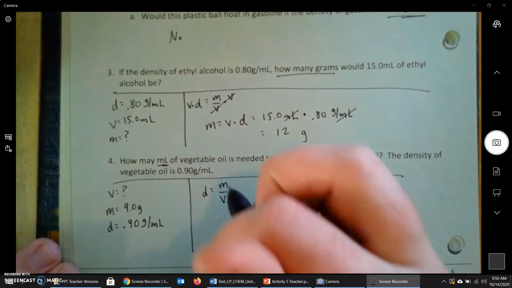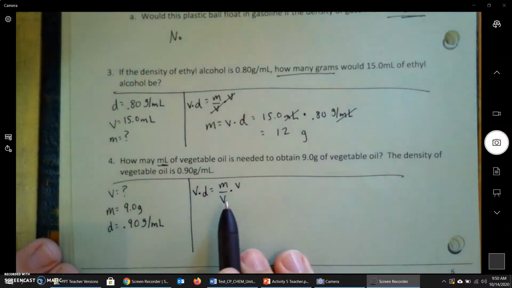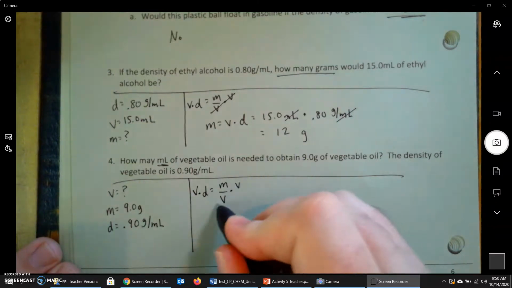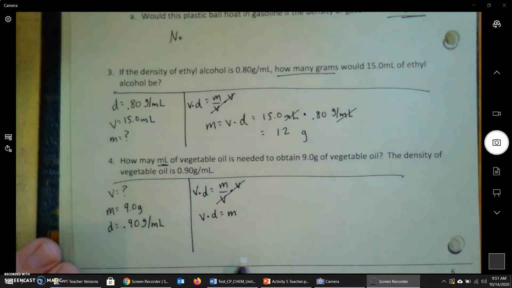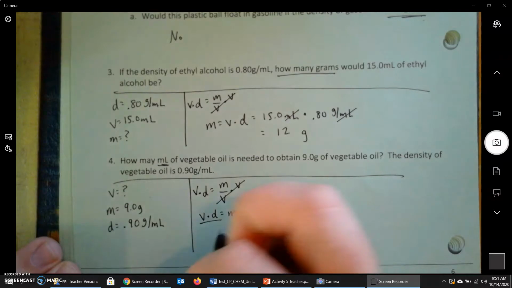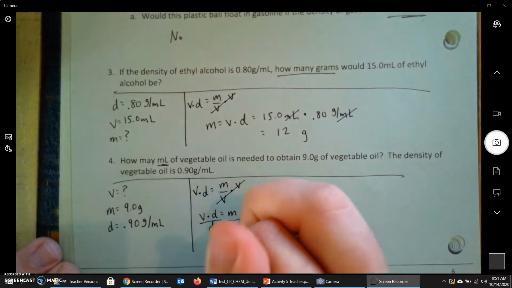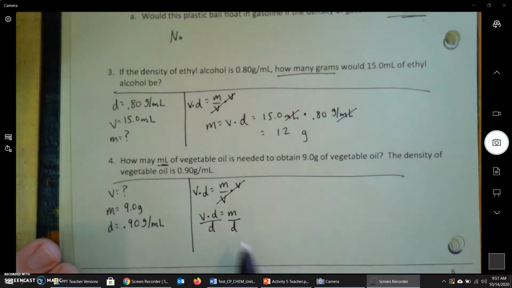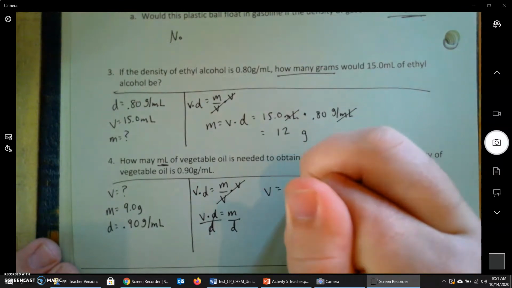So what I can do is multiply both sides by V, just like we did above, and the V's on the right will cancel out, giving us V times D equals M. Now in order to get V by itself, I am multiplying V times D. I need to do the opposite of that. So I will divide this side by D, and if I do it to this side, I need to do it to the other. The D's on the left cancel out, giving me a new formula of volume equals mass divided by density.